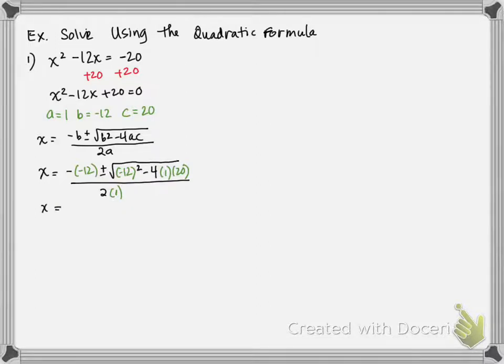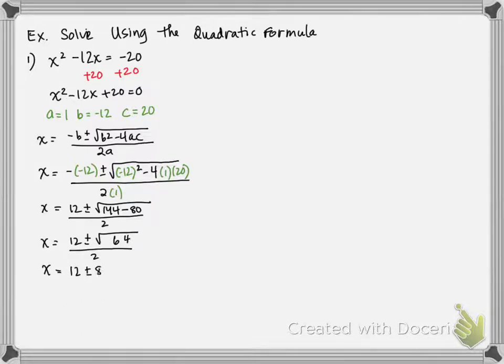Okay? So here we go. x equals 12 plus or minus the square root of 144 minus 80, all over 2. x equals 12 plus or minus the square root of, let's see, 144 take away 80 is 64, all over 2. Oops, sorry, I don't need to keep the square root. I can take the square root.